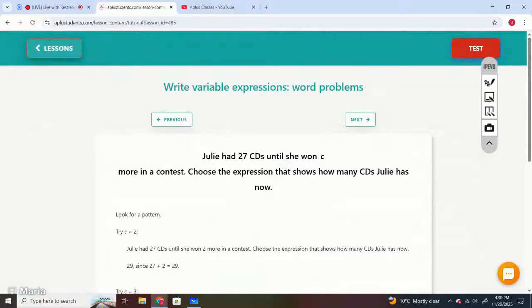Julie had 27 CDs until she won C more. Choose the expression that shows how many CDs Julie has now. So she already has 27, right?